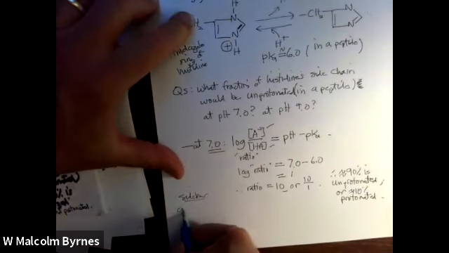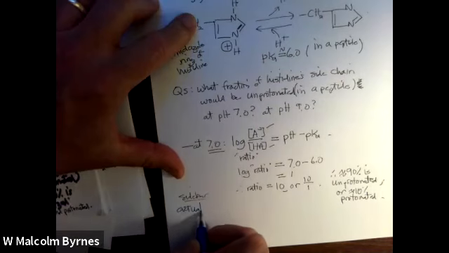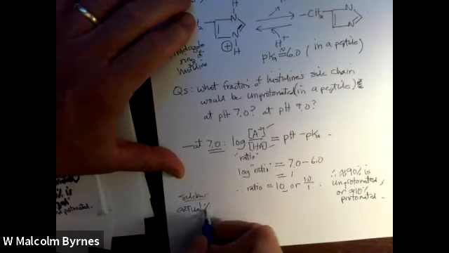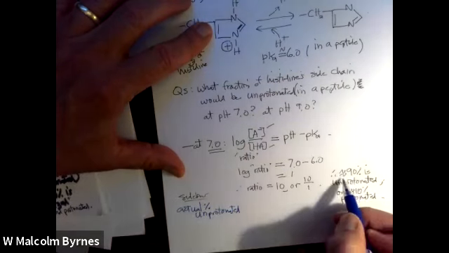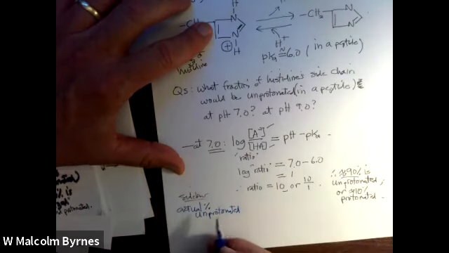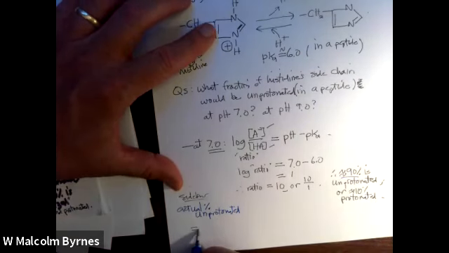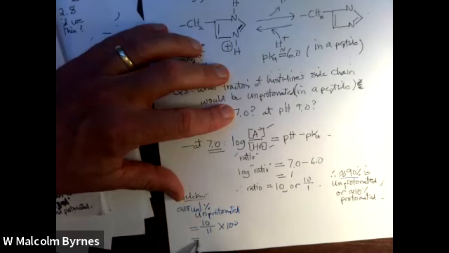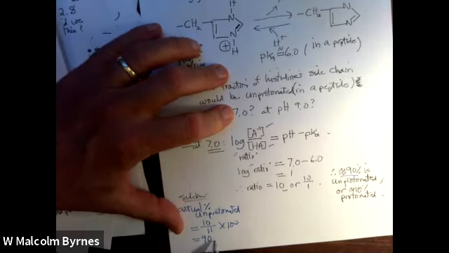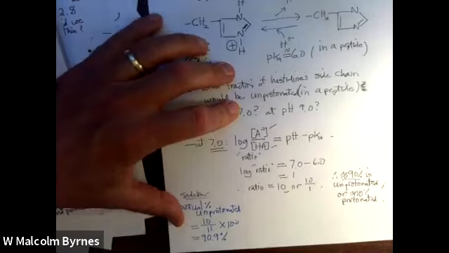The actual percent that's unprotonated, this was just an estimate. The actual amount is equal to 10 over 11 times 100, and that is 90.9%. What did I do there?